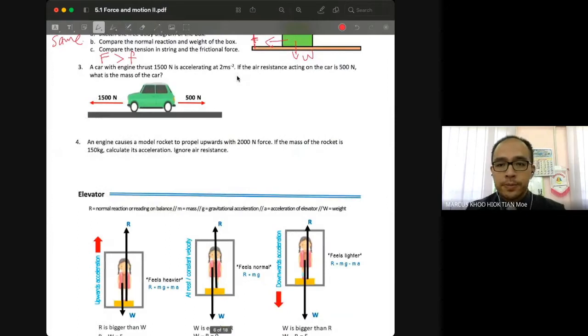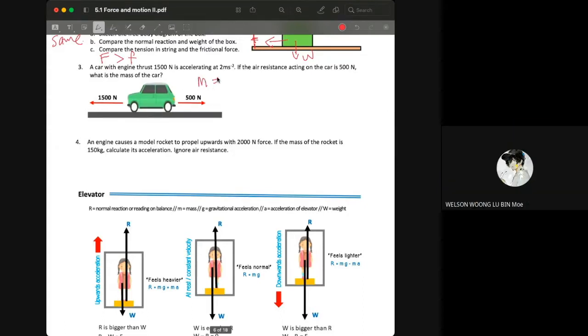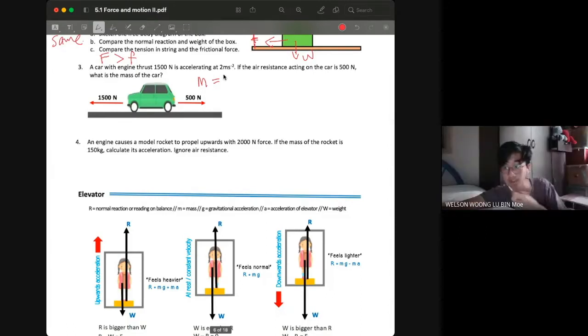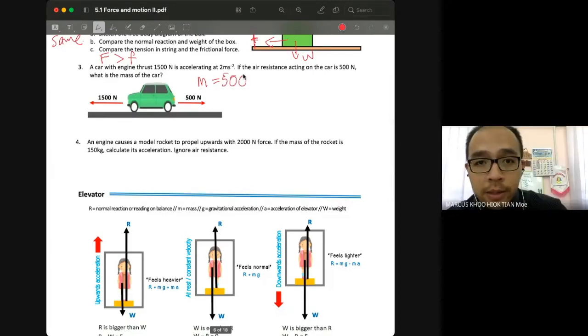Number 3. Final answer. Just give me the final answer. What's the mass of the car? Kilogram. Sorry, how many kilograms? 500 kilograms. Okay, can you tell me how you got this answer?